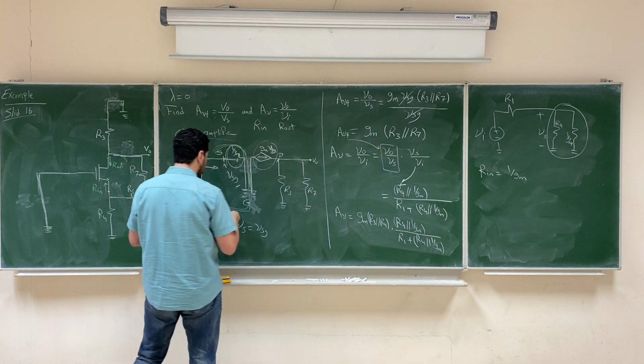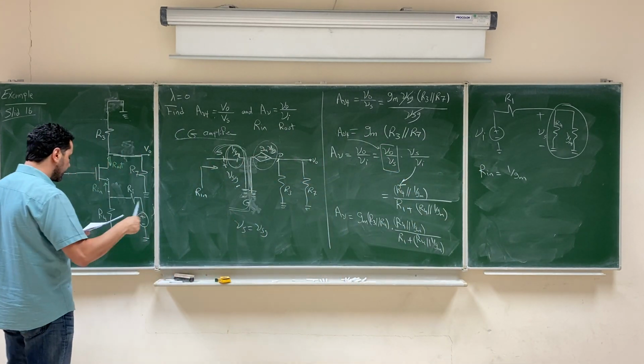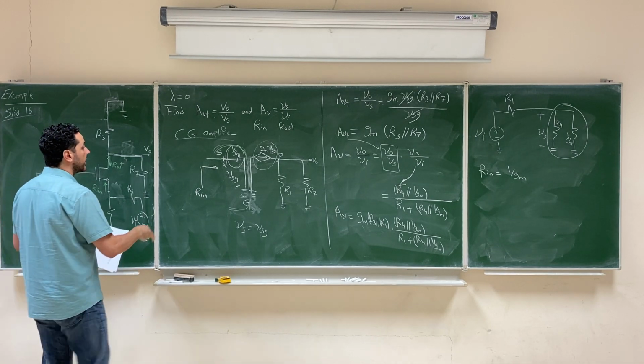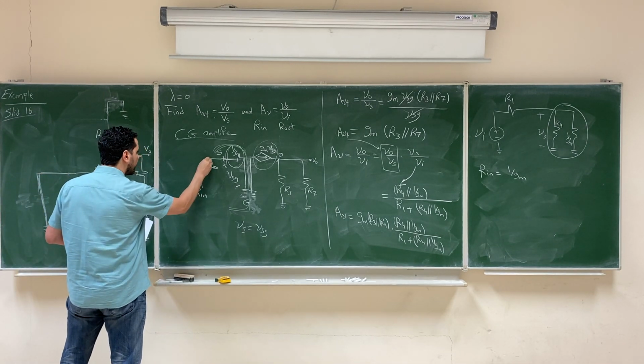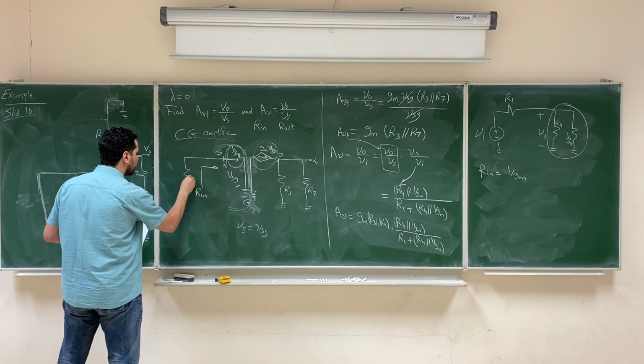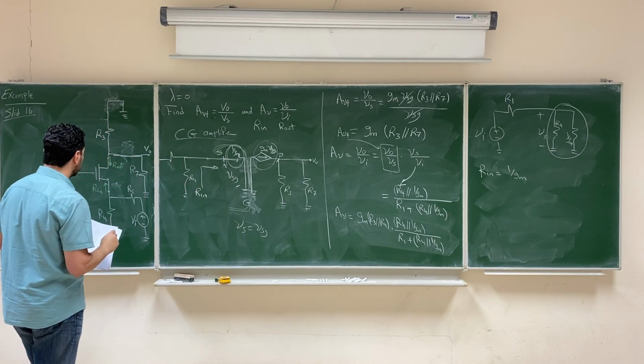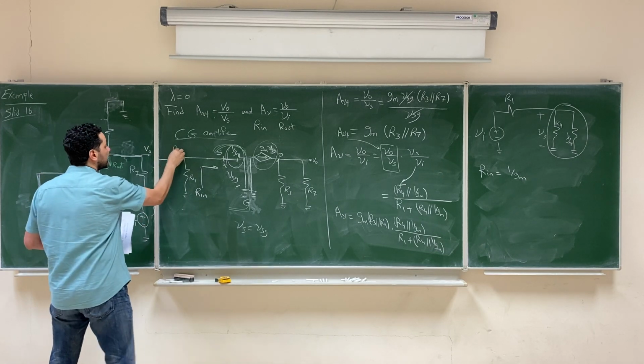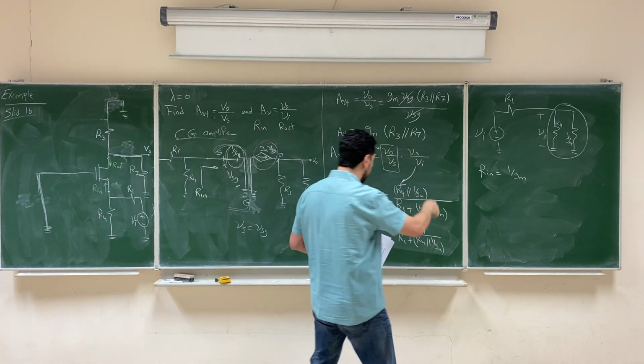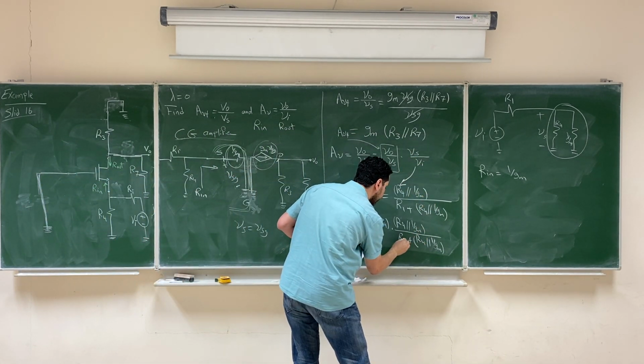And then let's go back to the original circuit. We had a resistance here R4, a resistance here Ri. Sorry, this is Ri, not R1.